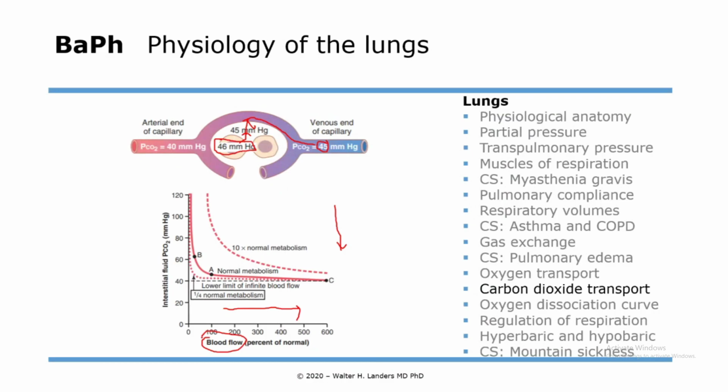So if you're exercising, there's going to be a lot of CO2 in your muscles. And one reason why a lot of blood will flow to your muscles is so you can get rid of all this carbon dioxide, because it's very acidic and it can have negative effects for both local muscles, but also for systemic organs like your brain. Another reason, of course, is the supply of oxygen and nutrients.